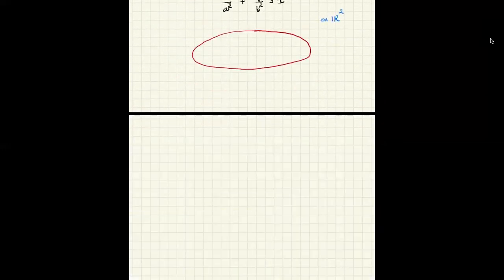Choose a vector field F with P equal to -1/2 y and Q equal to 1/2 x.